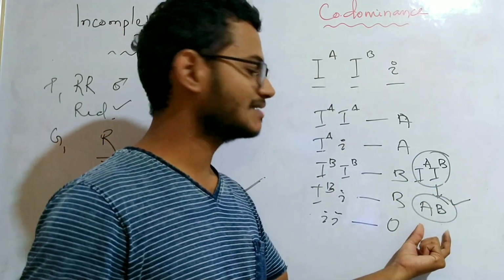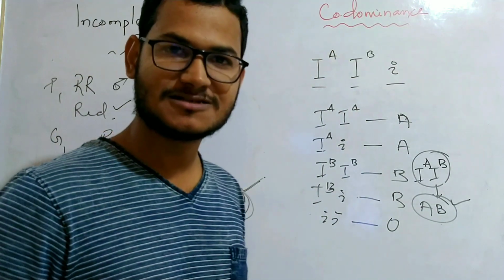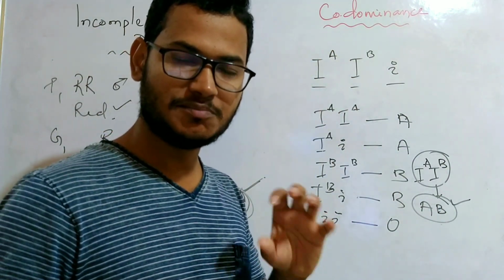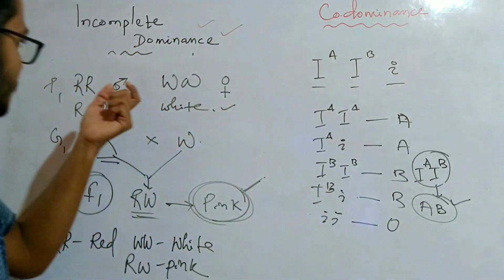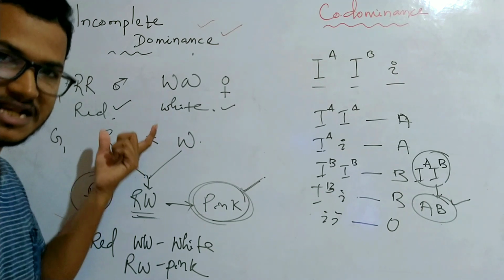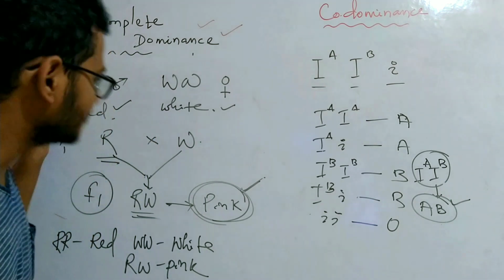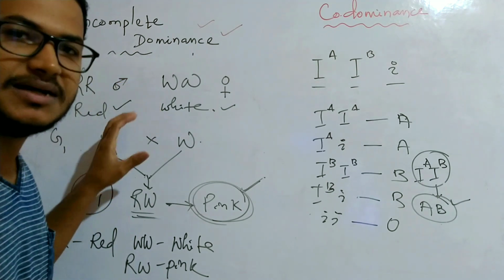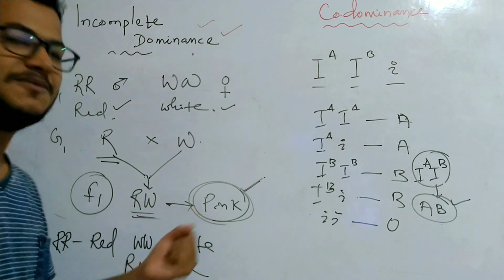Both appear, so it is an example of codominance. Dominance by both the alleles is codominance, and dominance by neither of the alleles is called incomplete dominance. Here the red character is not completely dominant over the white character, so an intermediate color appears in the F1 generation, that is pink.